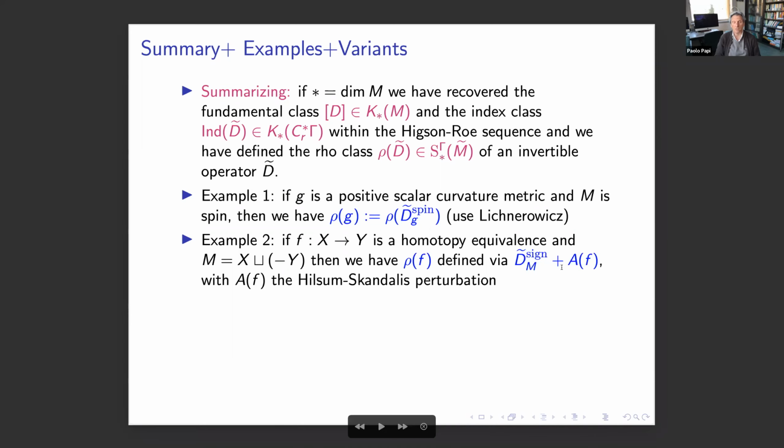Okay, this is famous work of Hilsum and Skandalis. And so now we have a perturbation which is invertible, but you can still define the Roe class in the same way. And so you have the Roe class of a homotopy equivalence. So this is another important source of Roe classes.